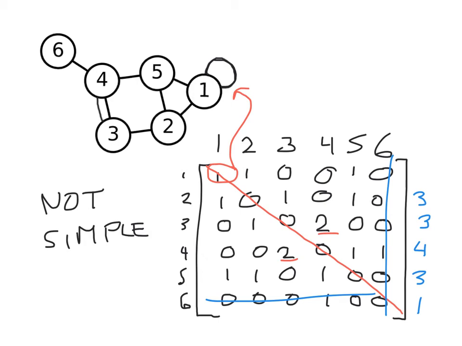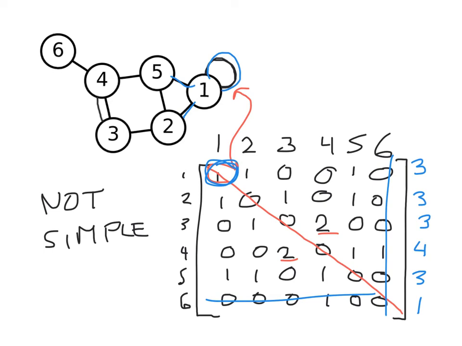And according to my row sum here, the degree of node 1 should be 1 plus 1 plus 1 makes 3. But it's actually not. That's one edge, that's one edge. A loop actually contributes twice to the degree of a node because it touches it twice. So if I'm looking at the adjacency matrix and I see an entry on the diagonal, I'm actually supposed to double just that entry when I add up my degrees.